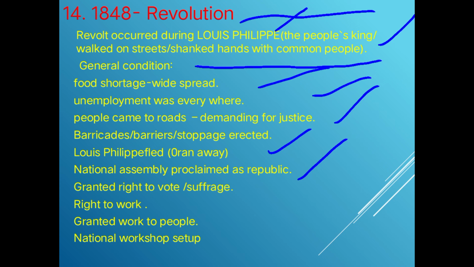Now everybody got the right to vote, or suffrage, or franchise. Also, the right to work was granted to the people. Many national workshops were set up so that work could be granted to the common man. This was the condition during Louis Philippe's time in 1848.